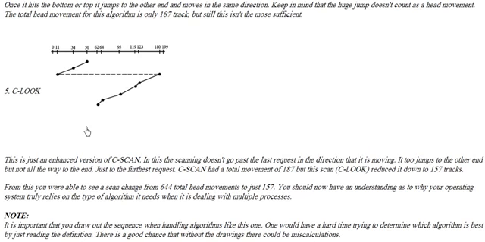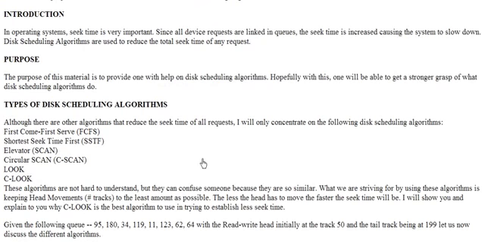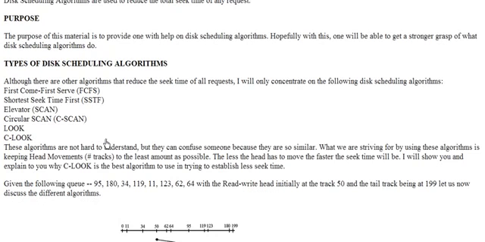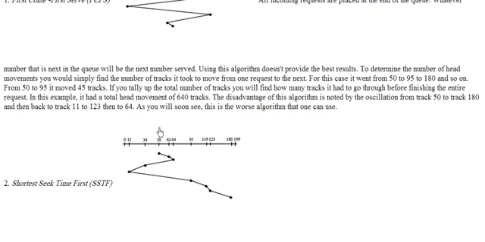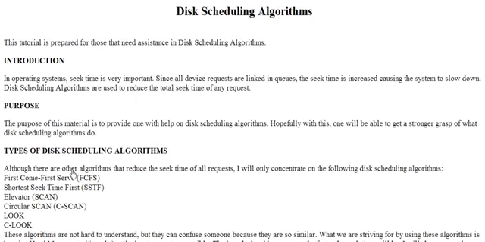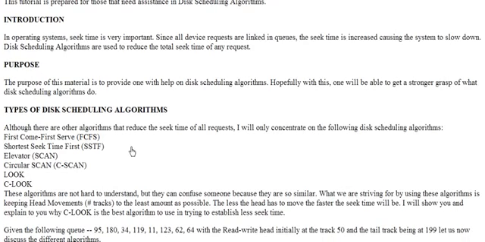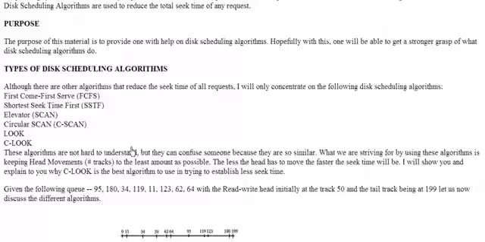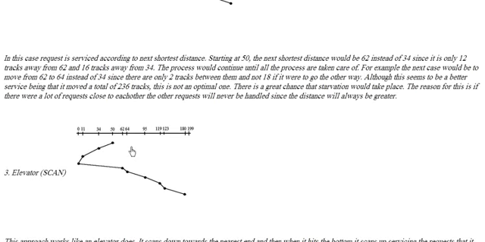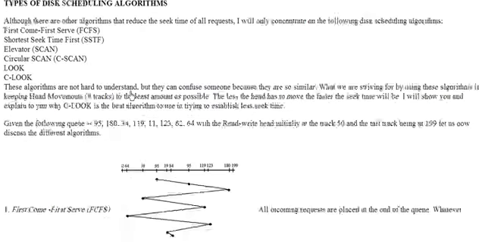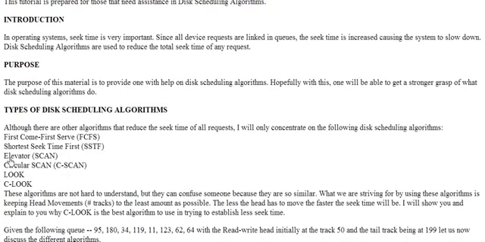As you can see here, we started from first come first serve, FCFS, which has about 640 tracks. We moved forward to shortest seek time first, SSTF, an optimized version with about 263 tracks. A little bit forward with elevator, we got 230.